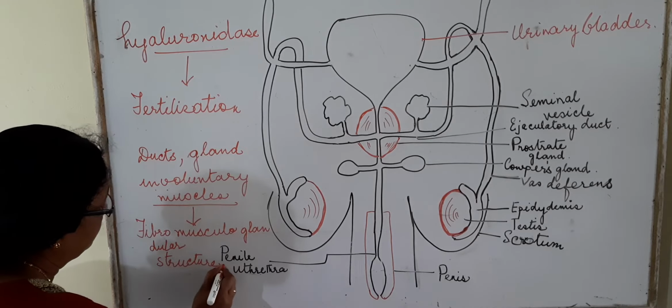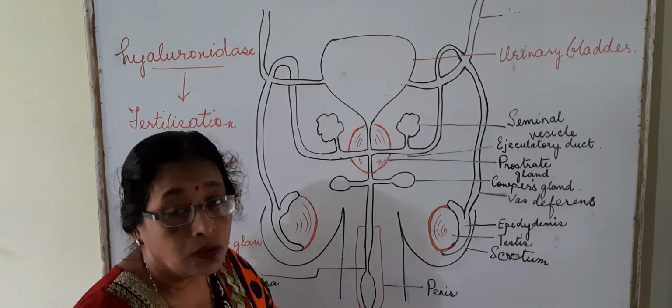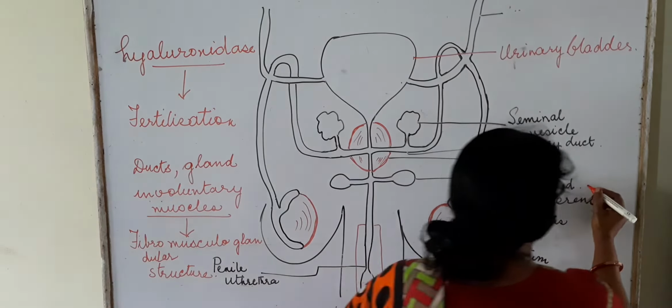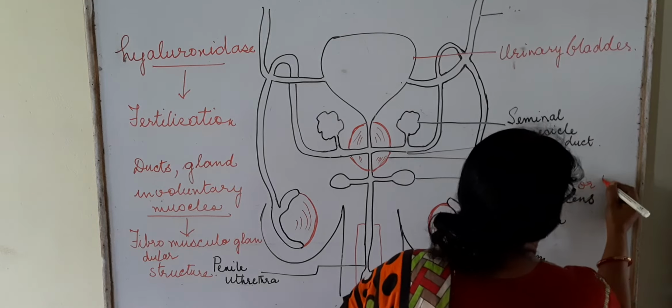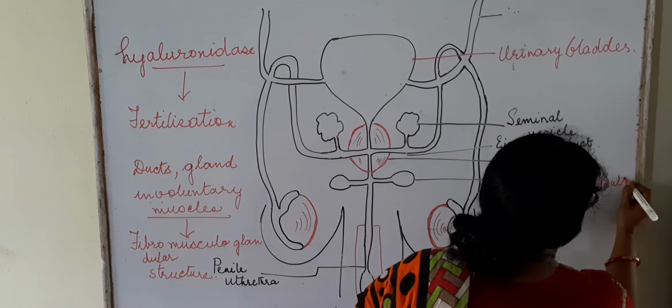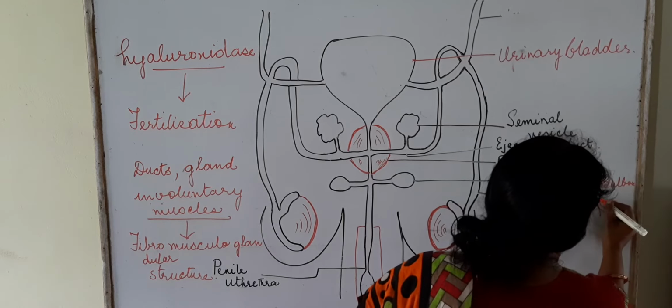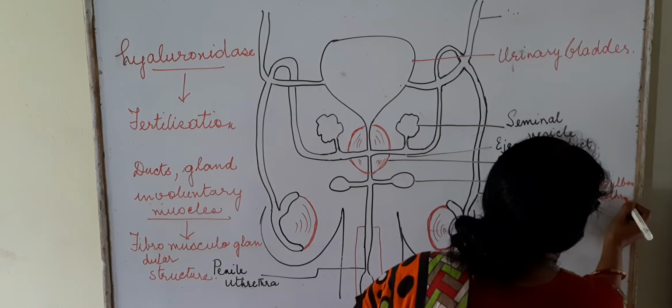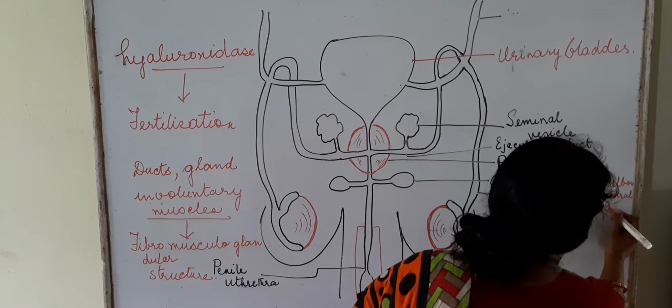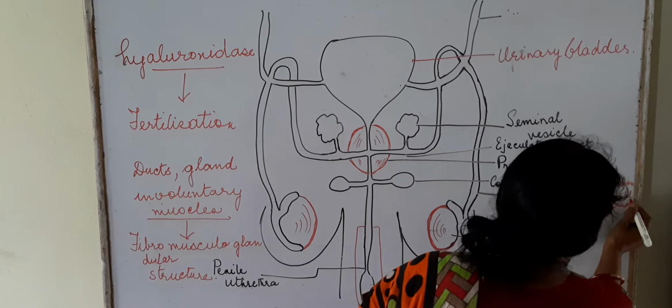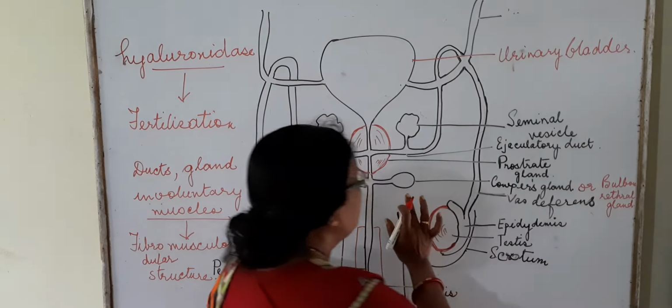Now we see the Cowper's gland, which is also known as the bulbourethral gland.